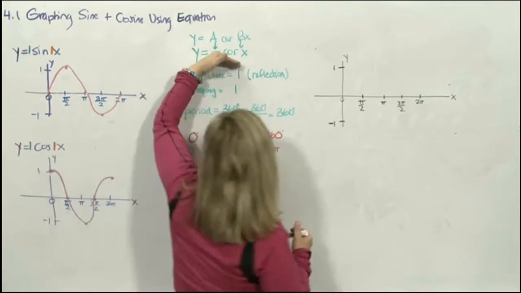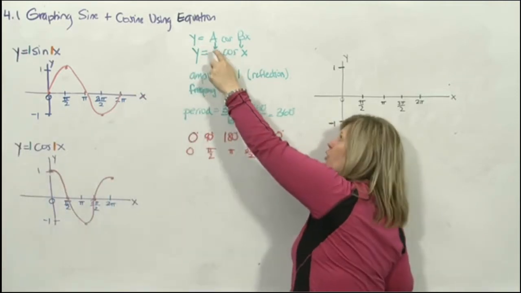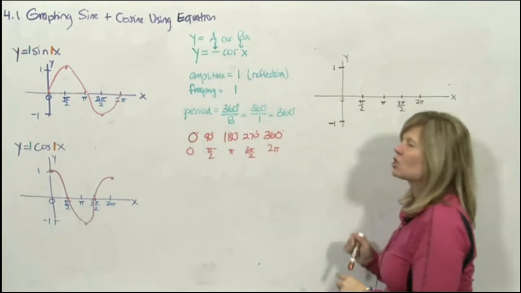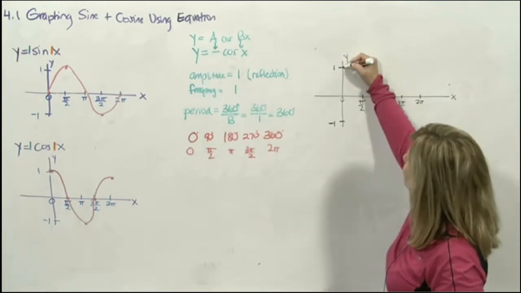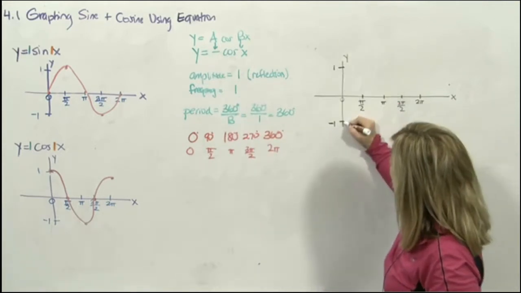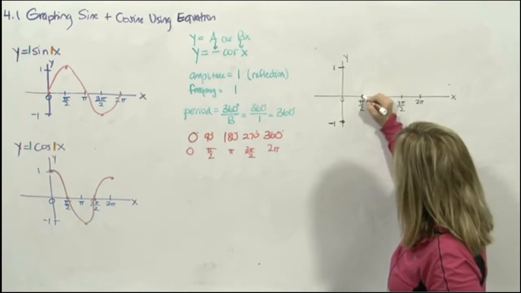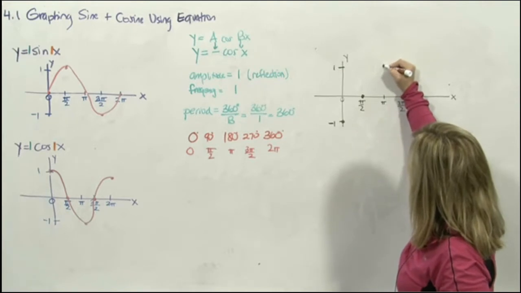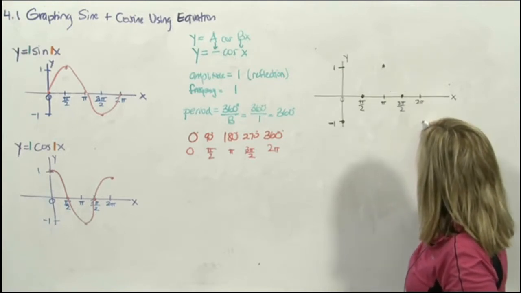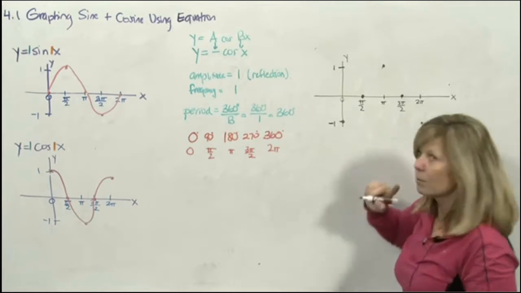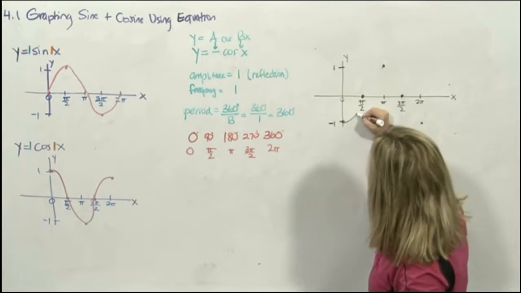Instead of my cosine curve starting up here at the max, it's going to be here at the min. Then it's going to go from low, hit the axis, go high, hit the axis, go low again. Remember, it's a curve, not a V. So we curve it.